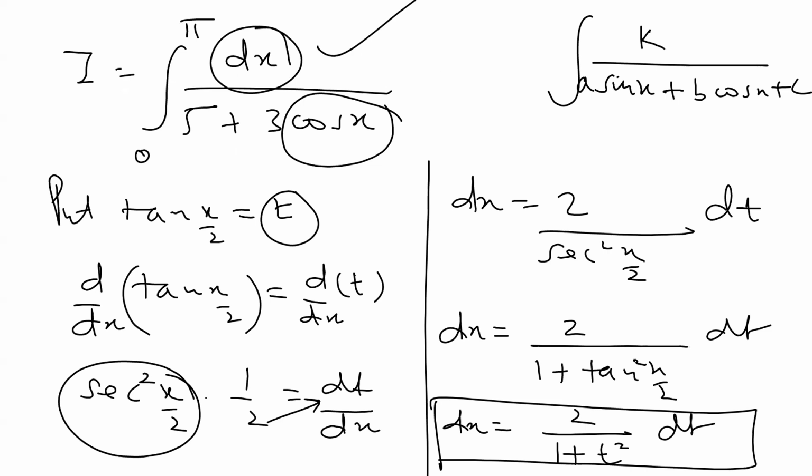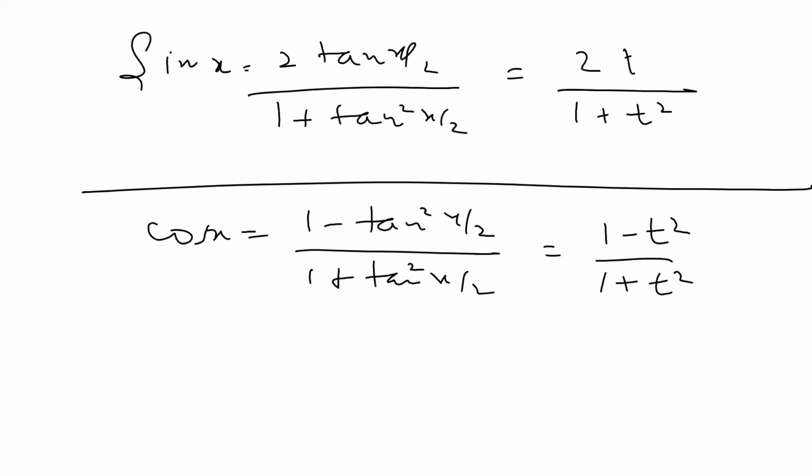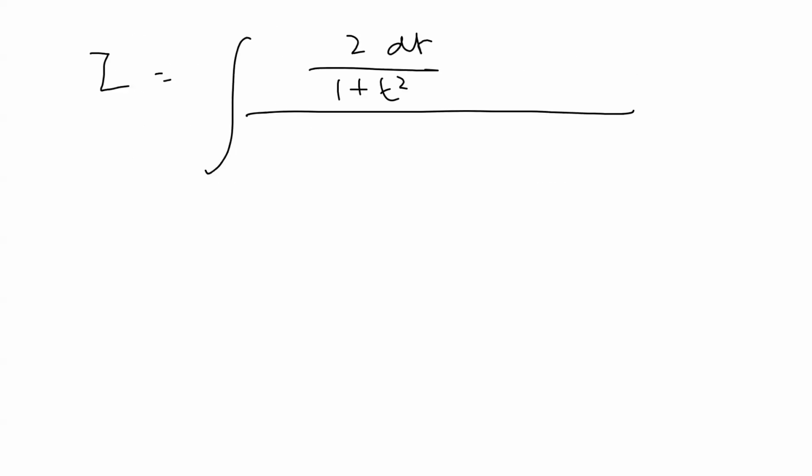And cos x is 1 minus t square upon 1 plus t square. So 5 plus 3, 1 minus t square, 1 plus t square.